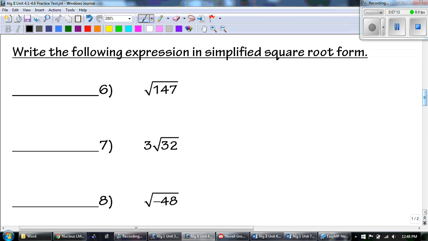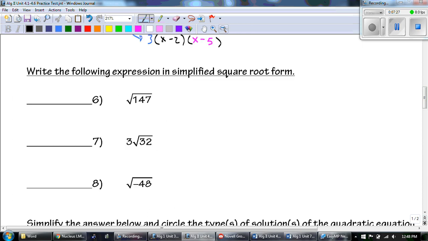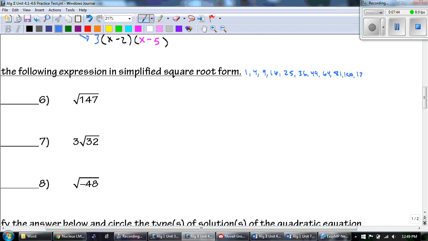All right, next group. It's asking us to write the following expression in simplified square root form. So looking at the square root of 147, what breaks down 147? And if you don't remember, you got to write down all of the perfect squares that I can fit: 121, 144.